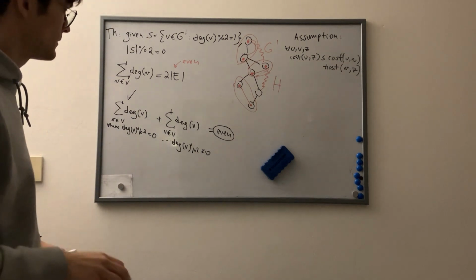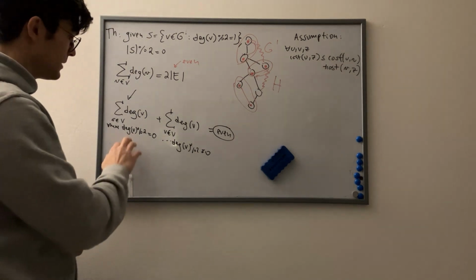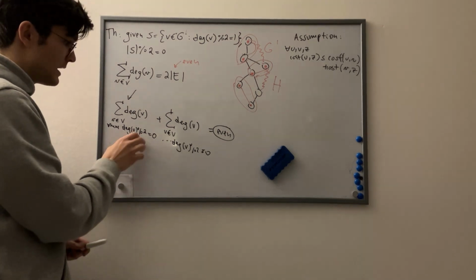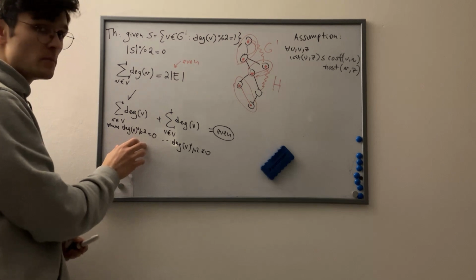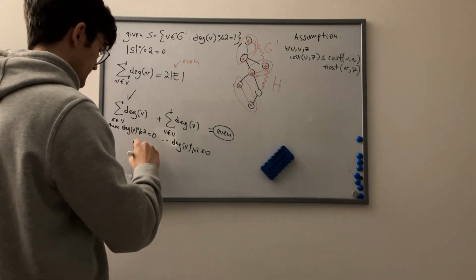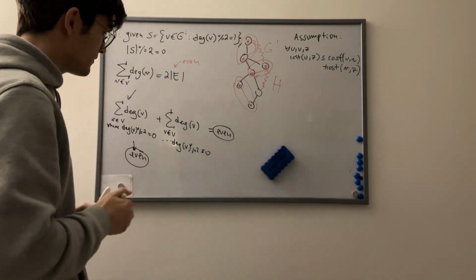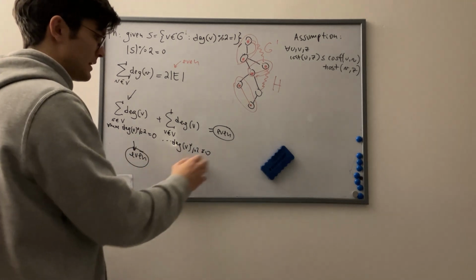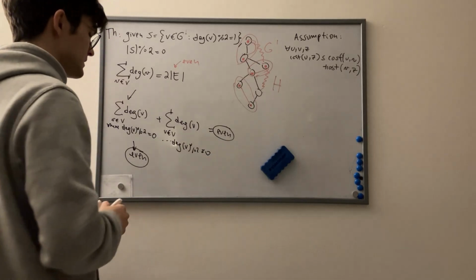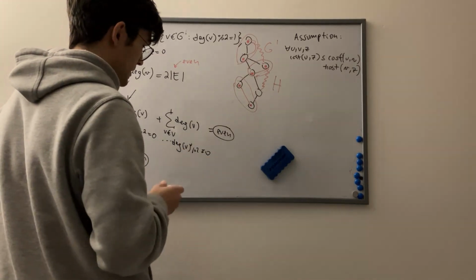If we look at this equation carefully, we can see that here we are summing even numbers, and for sure a sum of even numbers will be even. So now we have an even number plus something that has to give an even number. It means that this number has to be even as well.